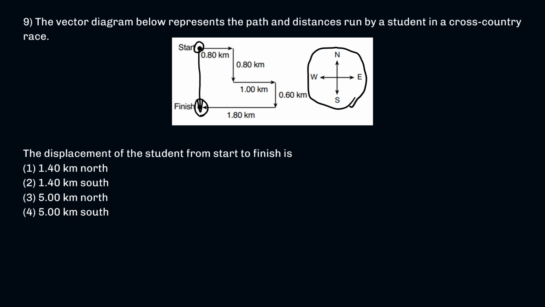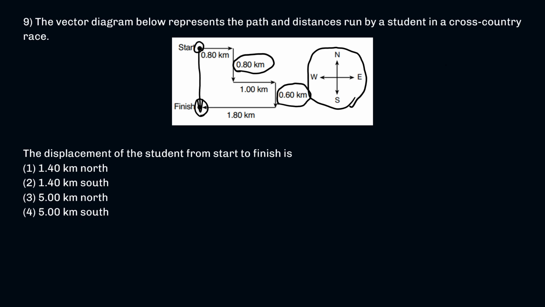Because again, it's just the change in position from my starting point to my finishing point, that straight line path. So following that straight line path, I have over here 0.8 kilometers south and 0.6 kilometers south. Those two are going to end up adding together, tip to tail if you even want to, and you're just going to add them, and then you have the direction is going to be south.